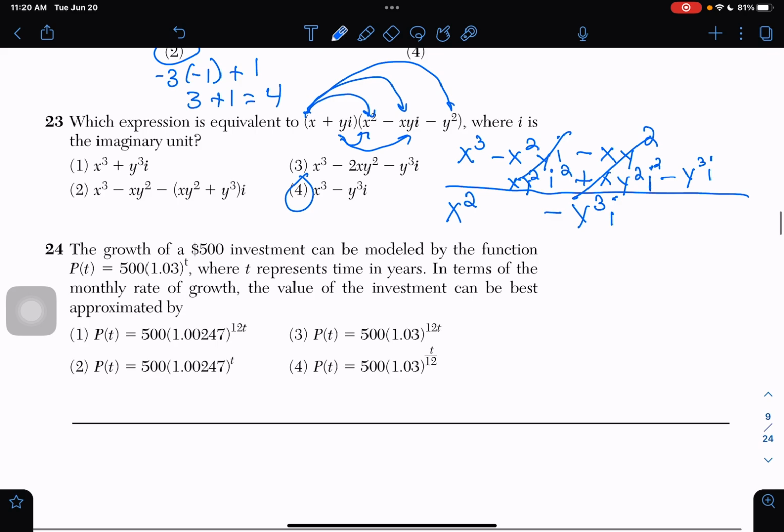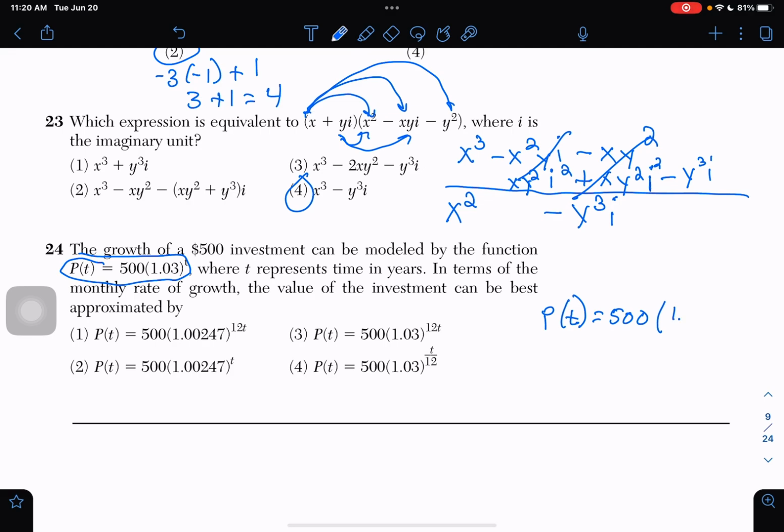All right, and then our good friend. So this is yearly, and they want to know in terms of monthly. So we have to take P of t equal to 500 times, we have to take 1.03 and raise it to the 1/12th power.